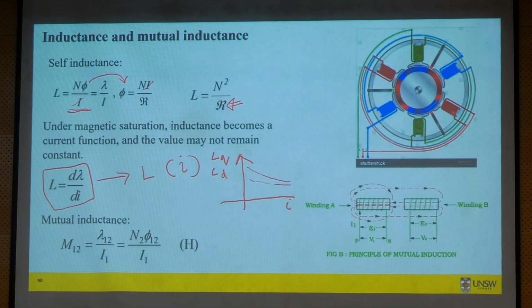Each phase will have its self-inductance, and then the phases are close by with each other, so there will be mutual inductance as well. Current passing through one winding will induce flux. That flux will link the next winding, which is your mutual inductance, right? So mutual inductance and self-inductance both will be present in a three-phase machine.